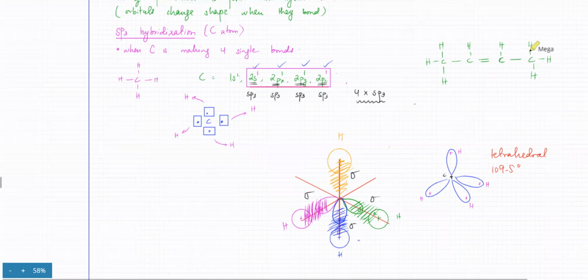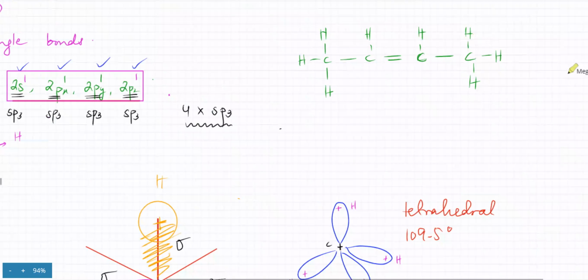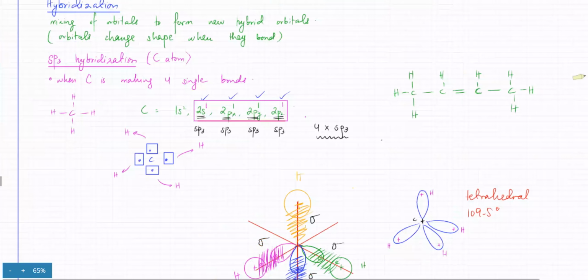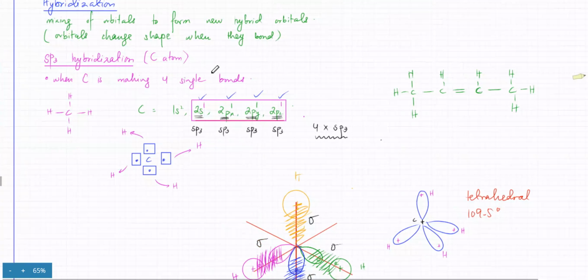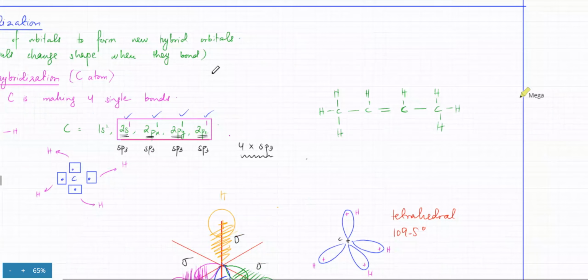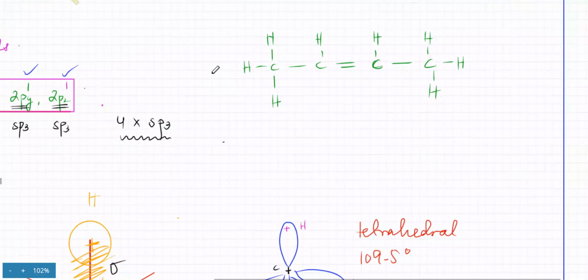Would it be the ones in the double bond? It's sp3 when carbon is making four single bonds. Okay, so which one? The ones on the end. Okay, it's going to be the ones that are at the end.